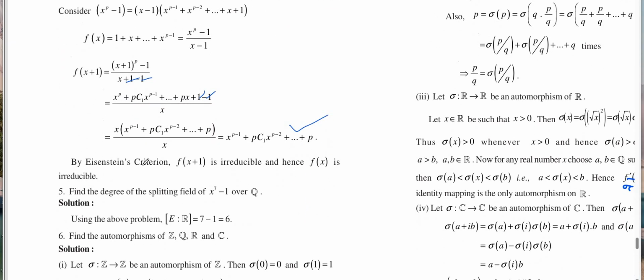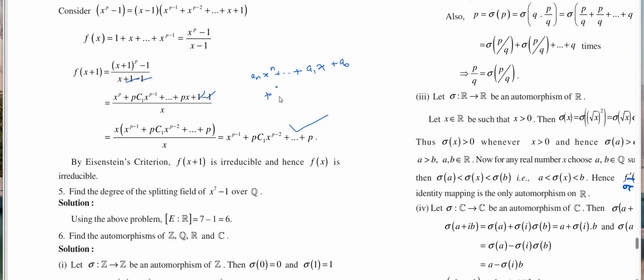Now by Eisenstein criterion, f of x plus 1 is irreducible. The Eisenstein criterion statement is given in the first section, namely 5.1 itself. The statement goes like this, when you have the polynomial a_n x^n plus and so on, a1 x plus a naught.